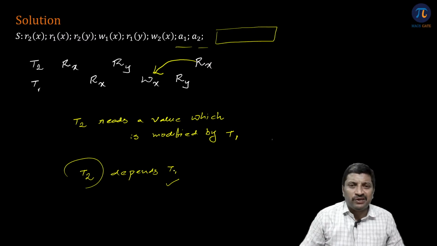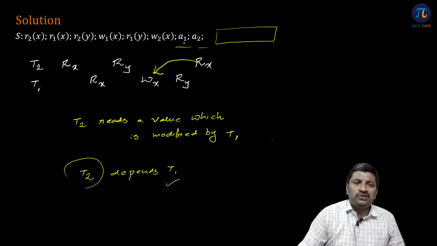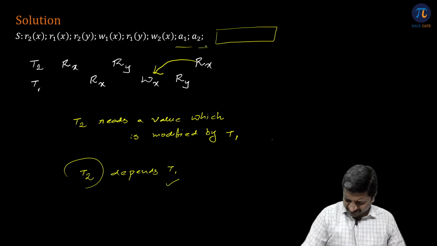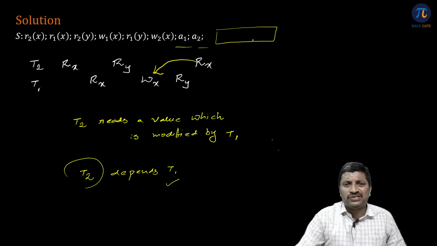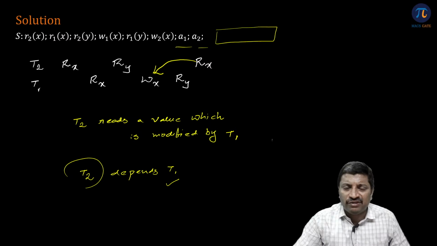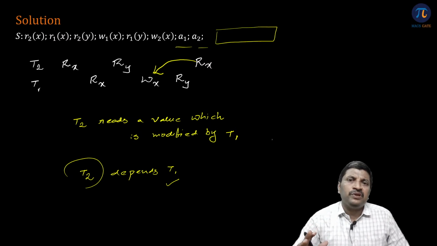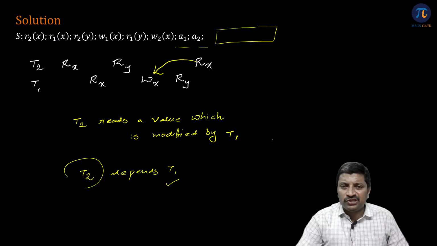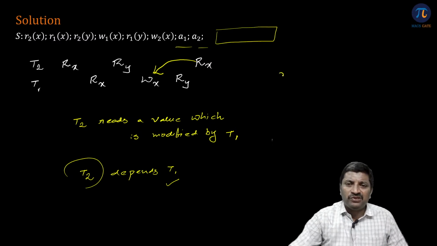Simply T2 is depending on T1. If they had given some commits, then you could give clarity whether it is a cascading rollback or not. But since they have not given any information about commit, I cannot decide whether it is a cascading rollback or a strict schedule or anything. The only information we can give is it is recoverable.